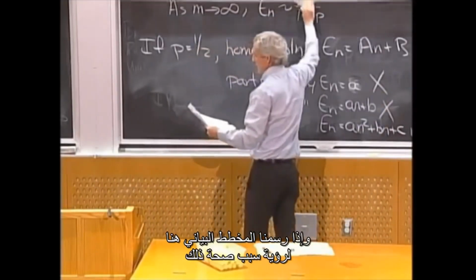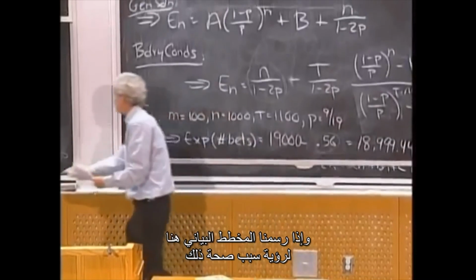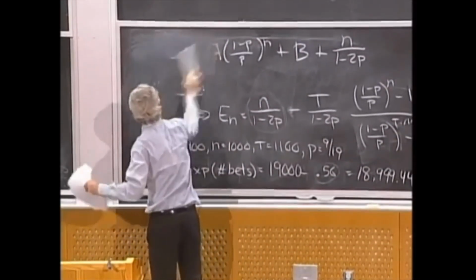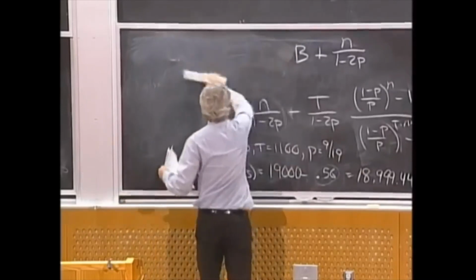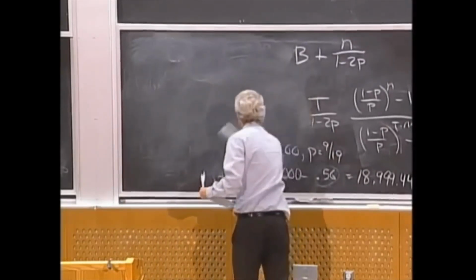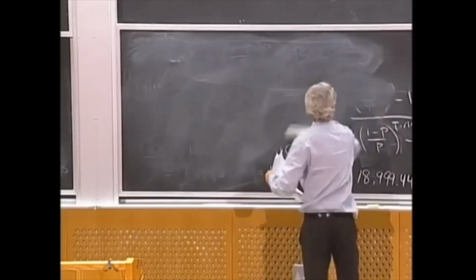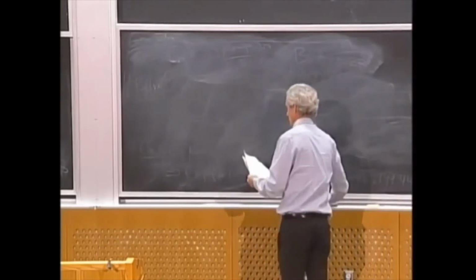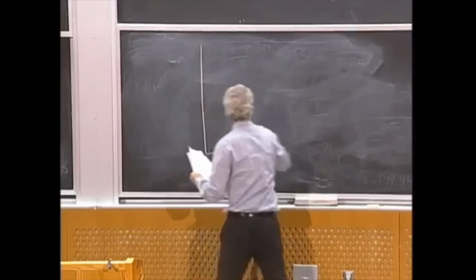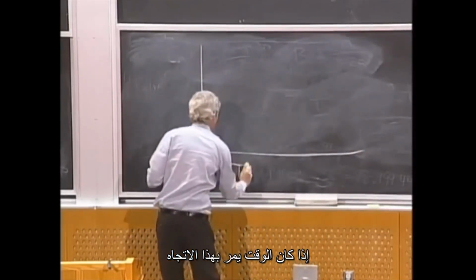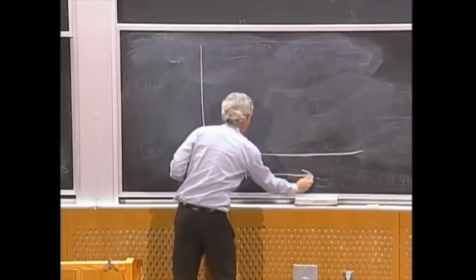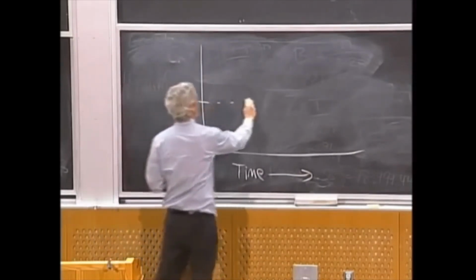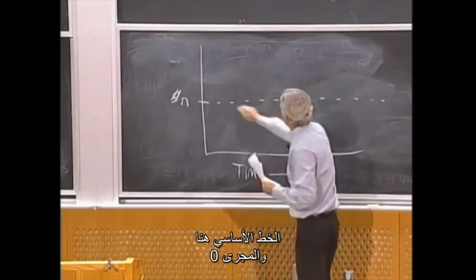So if we draw the graph here to see why that's true. All right, if I have time going this way, and I start with n dollars. My baseline is here.